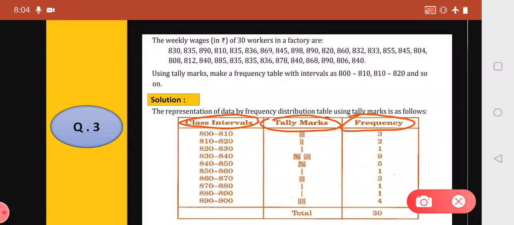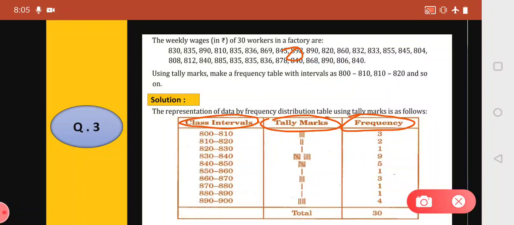For that, you first find out which is the highest value given, the highest paid worker. You can see here 890, is there anything greater than 890 or not? Let us cross check. Yes, 898 is there.